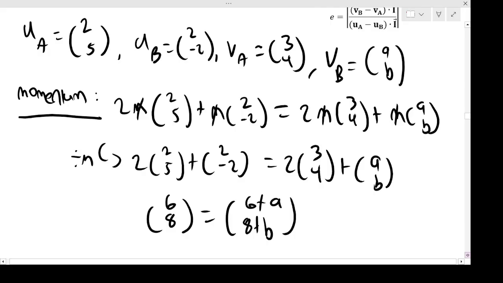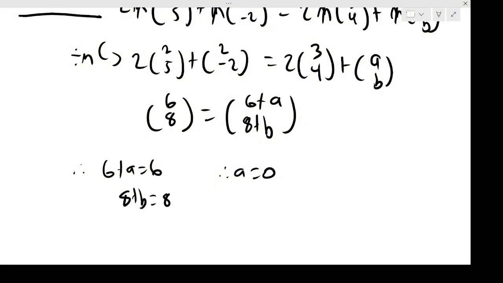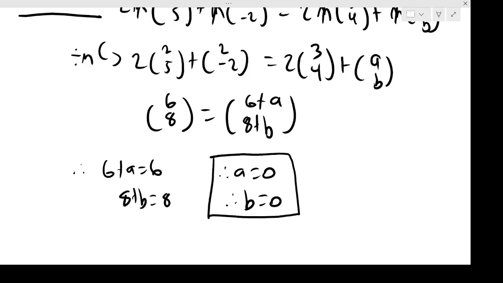Okay, and then if I now compare the two components, I can see that 6 plus a is going to be 6, which would therefore mean a is 0, and also 8 add b equals 8, so therefore b also equals 0. So quite interesting.